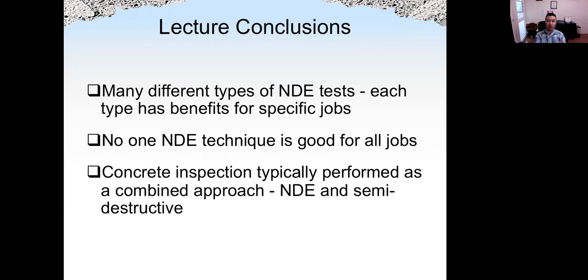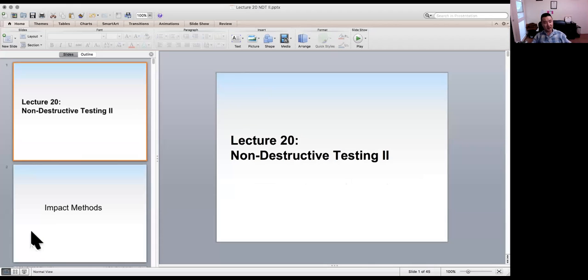Also, for all kinds of NDT techniques, always use visual inspection first. Concrete inspection is typically performed as a combination of visual inspection, non-destructive testing, and semi-destructive testing, together with traditional methods such as compressive strength, durability tests, and so on. So that's today's lecture.